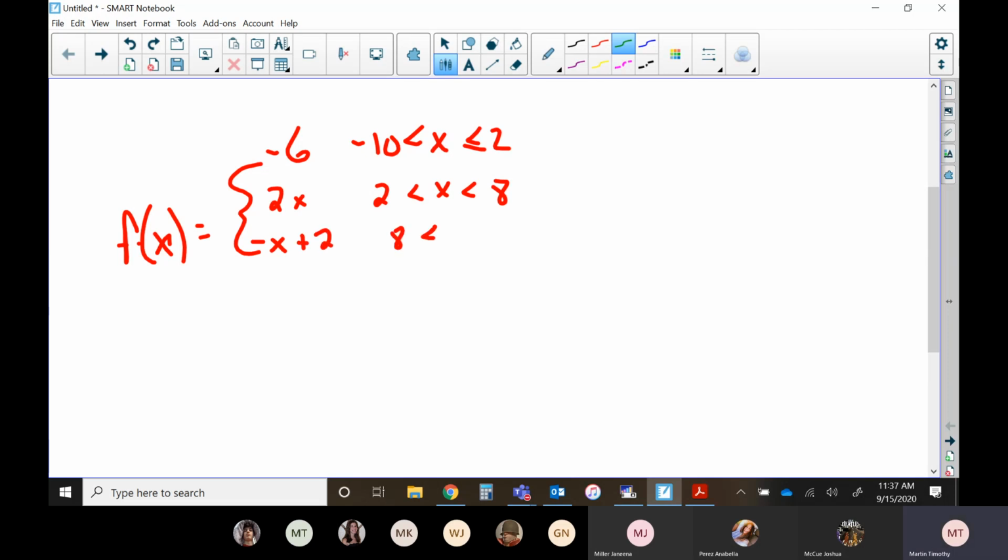It's crazy hard to write with your mouse. All right, so here's what we're going to do. We're going to do the piecewise function.